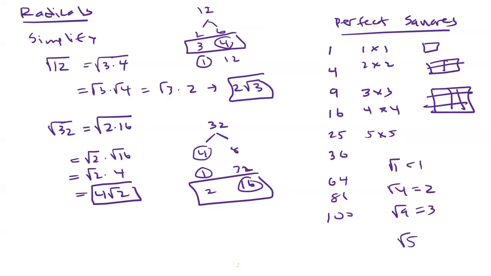All right, so why don't you guys try one? Let's say we have 3 times radical 162. Okay, so I'm going to have 162, and I need to find factors of 162.